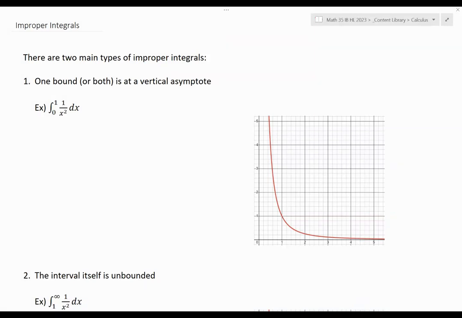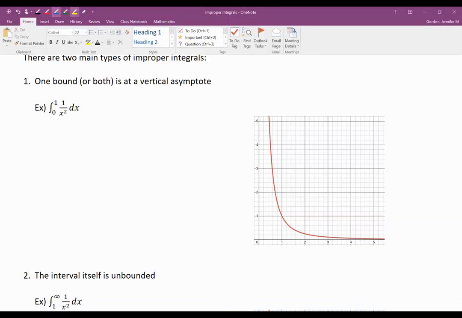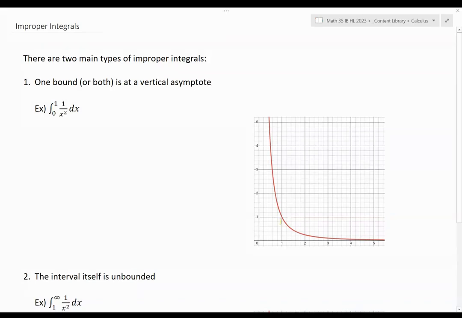A vertical asymptote is occurring here when I have, for example, the integral from 0 to 1 of the curve 1 over x squared. If I'm thinking of a region on this graph, it would represent the region that is bounded on the left by the vertical asymptote at x equals 0.